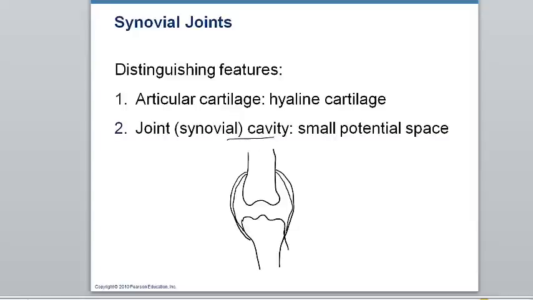The bones that are part of this type of joint, where it is encapsulated, are covered by a thin hyaline cartilage itself. So you have a thin hyaline cartilage on top of the bones found within this joint. That is called articular cartilage.